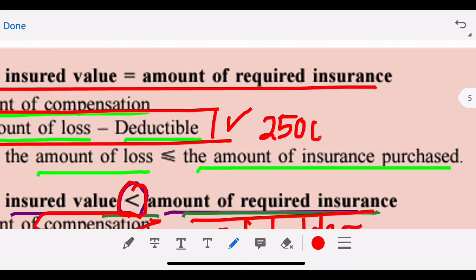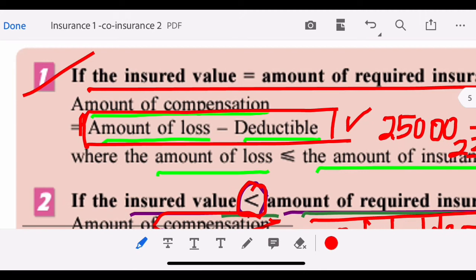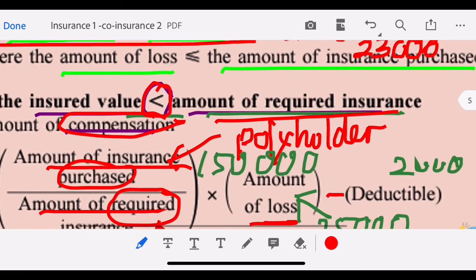So it is equivalent to 23,000. This is the compensation value that Inje Ismail will receive.